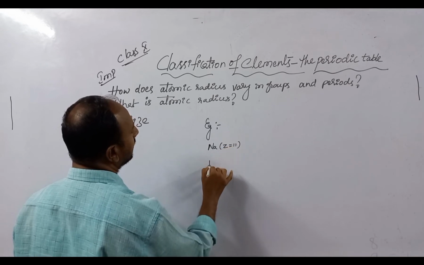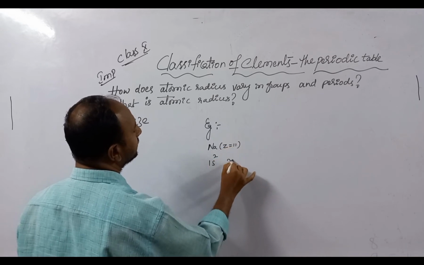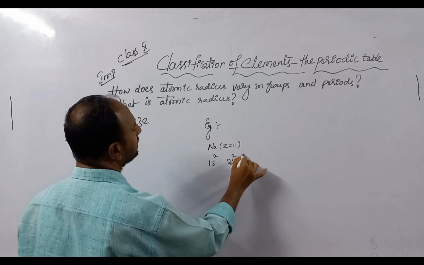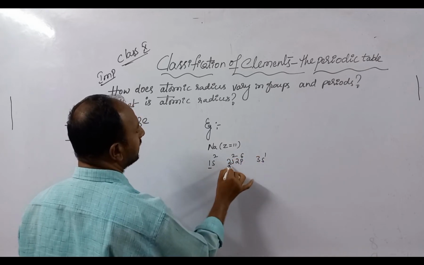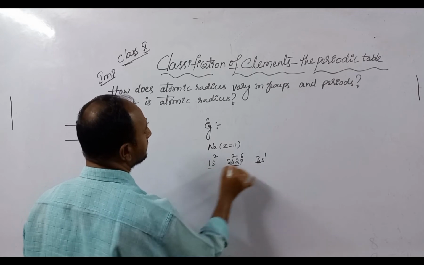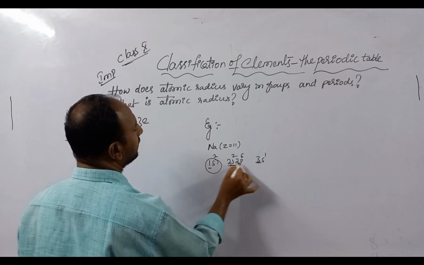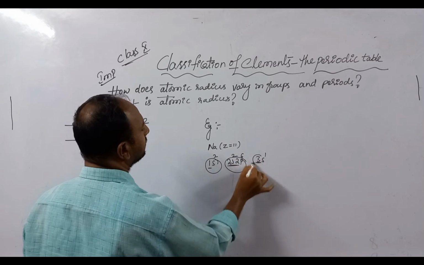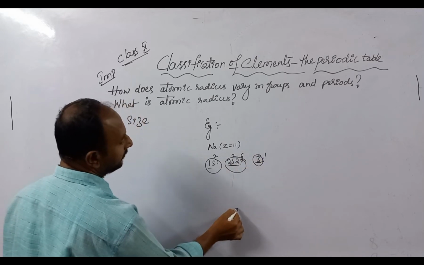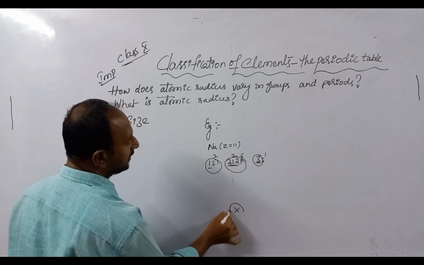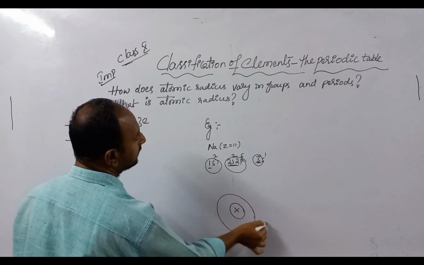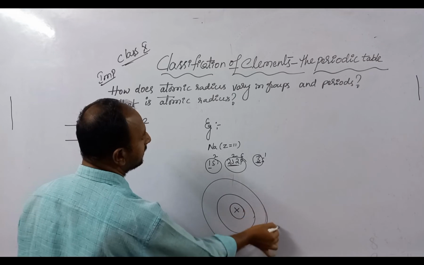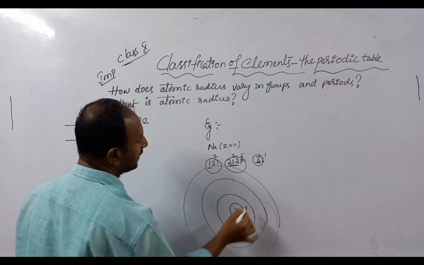You know its atomic number is 11. Its electronic configuration is 1s2, 2s2, 2p6, 3s1. So it has 3 shells: shell number 1, shell number 2, shell number 3. This is the nucleus of the sodium atom, the first shell, the second shell, the third shell.